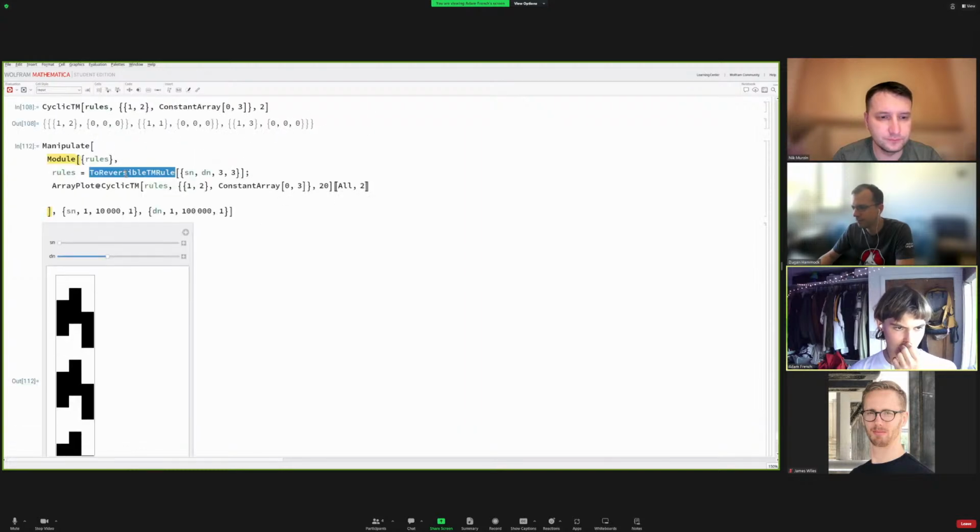Okay, so this is a reversible Turing machine, which we're going to be specifying with Sn and Dn, which are the two numbers that I've used to enumerate all the reversible Turing machines.